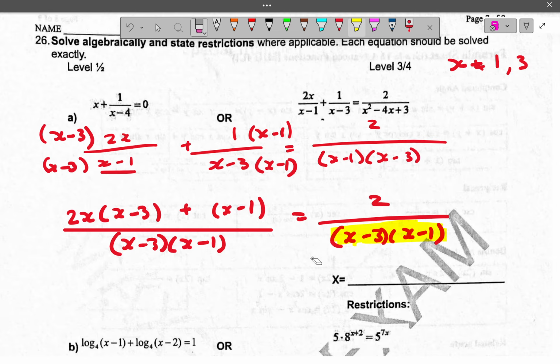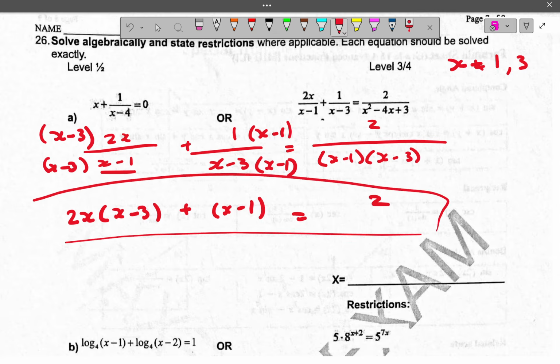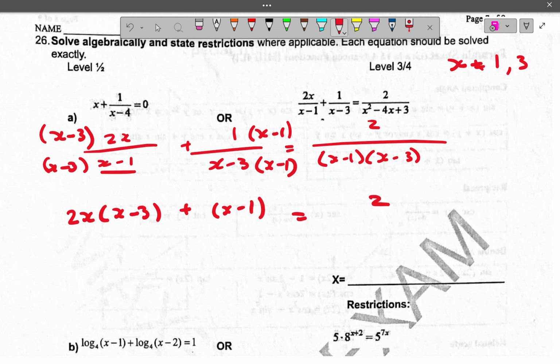So the 2 on the right side has to be equal to whatever we have on the left side. So we're going to basically cancel these denominators out, and then we're going to be left with this and say these must be equal to each other. And so because that's true, we need to solve for x here.